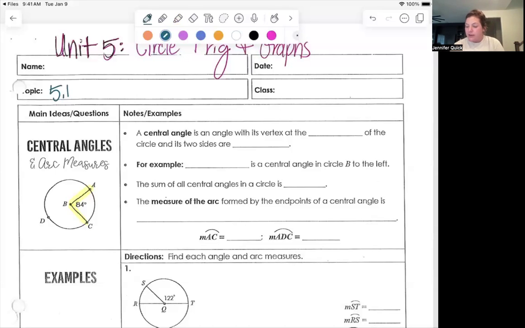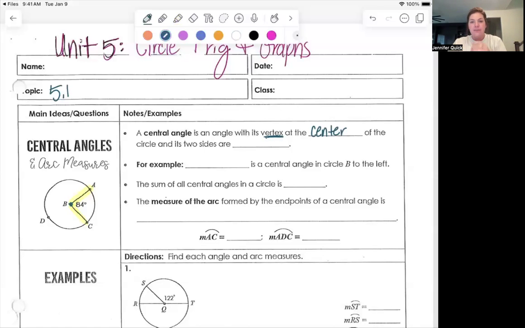So what is a central angle? It's an angle with the vertex, so there's a little math 2 word for you, the vertex, which is that middle part of the angle, at the center. Circles have centers. We know this. That's elementary, middle school level.